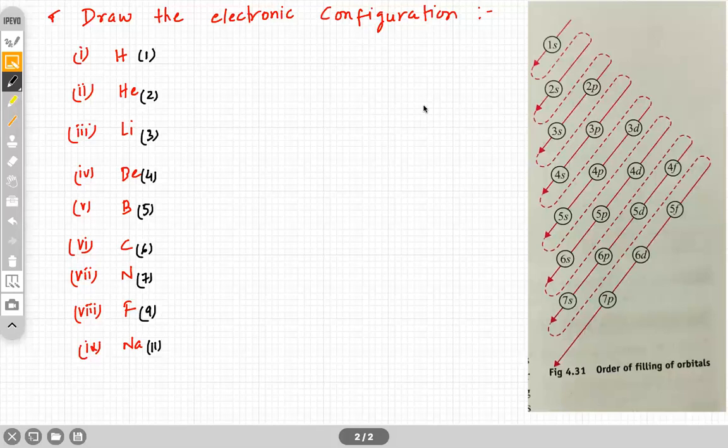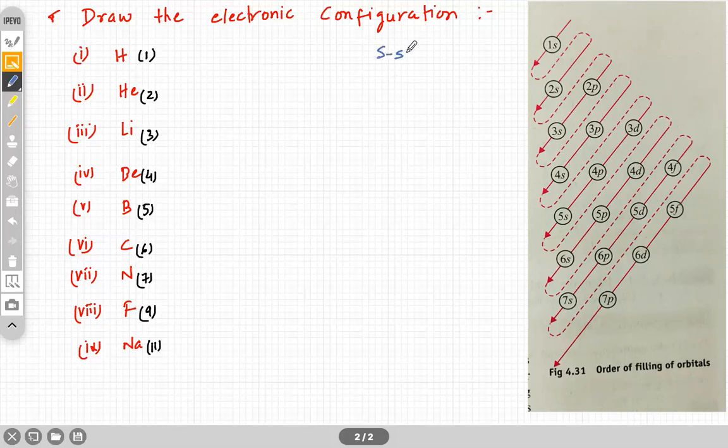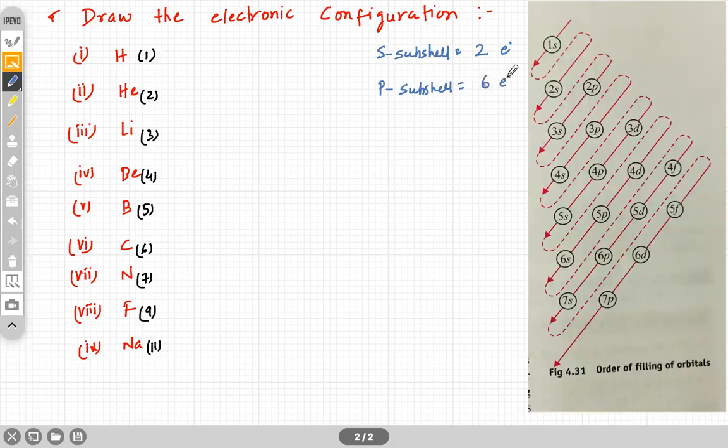The s subshell has only 1 orbital and can have maximum 2 electrons. The p subshell has 3 orbitals and each orbital can have 2 electrons, so 6 electrons. The d subshell has 5 orbitals, maximum 10 electrons. The f subshell can have 14 electrons maximum.